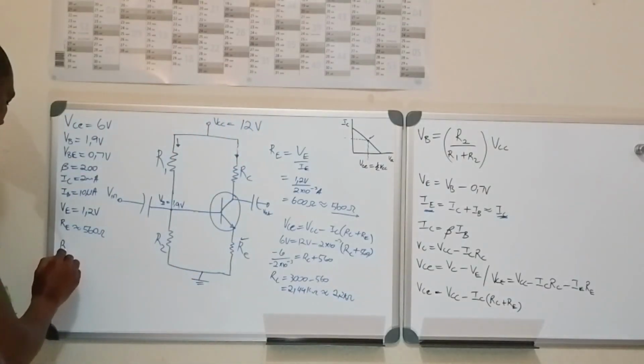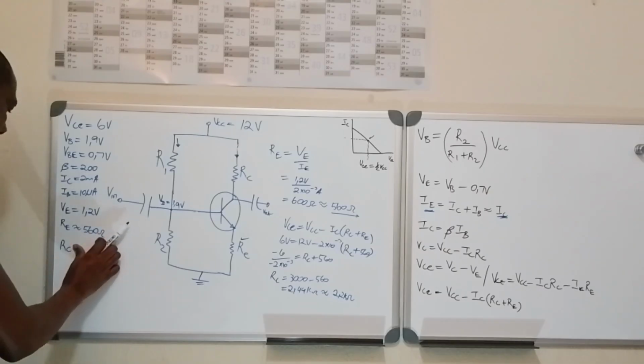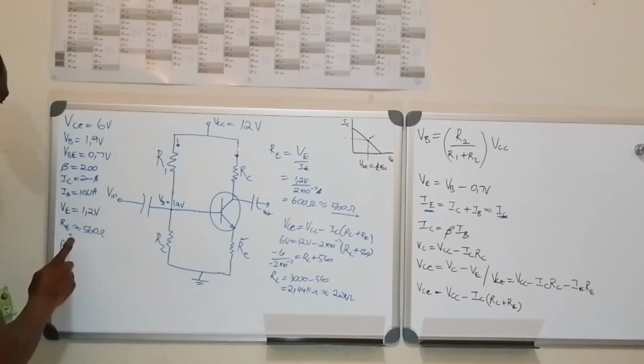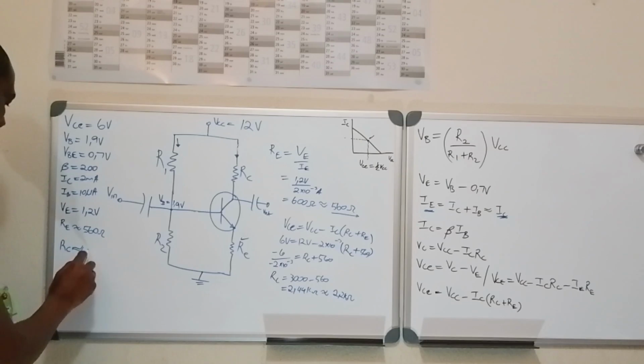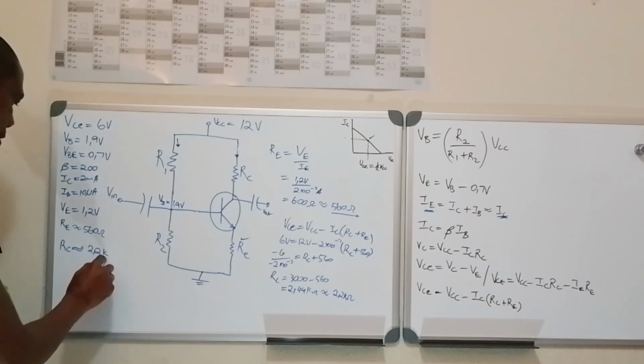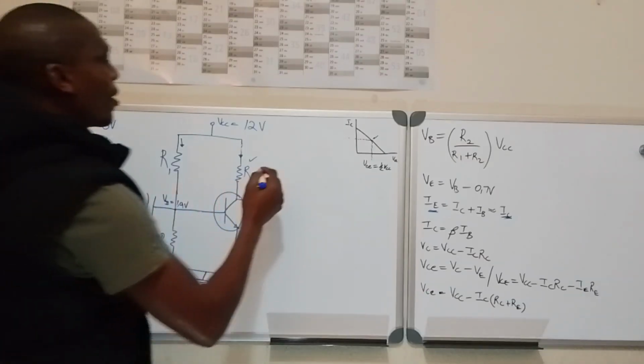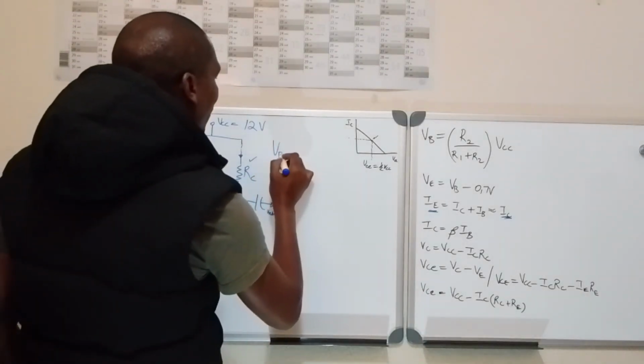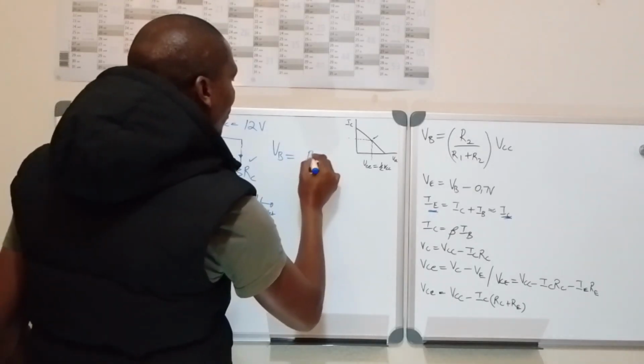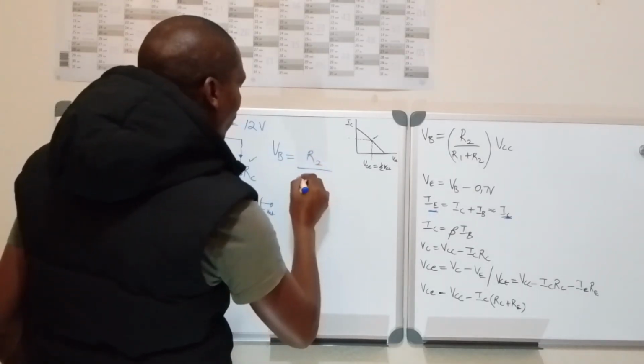Now we have RC approximately 2.2 kilo ohm.